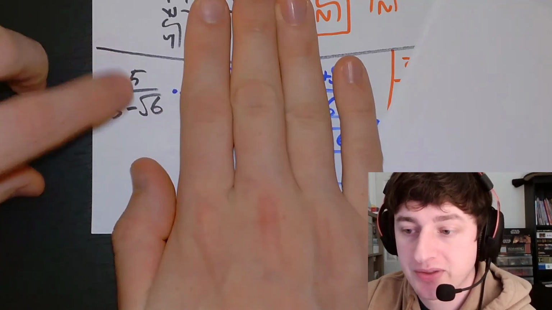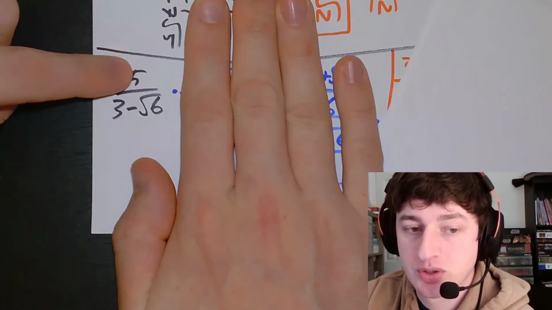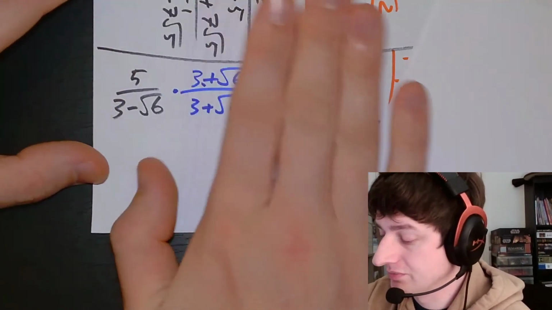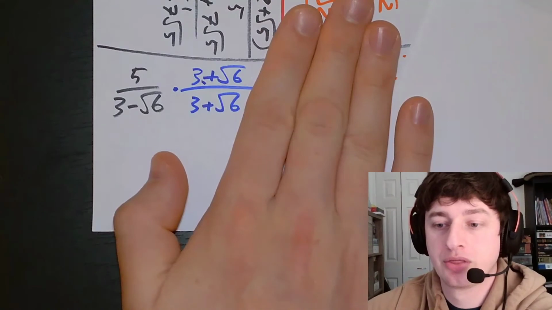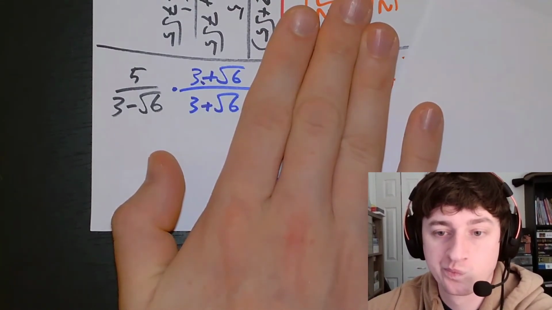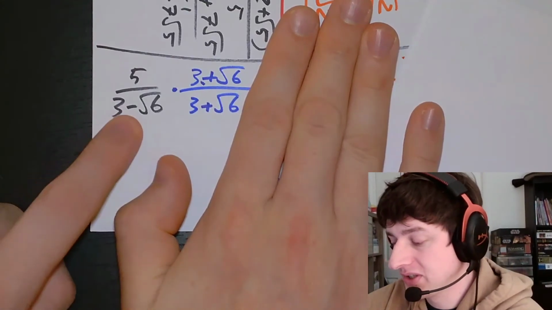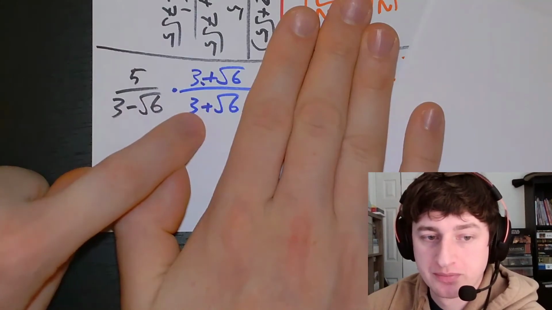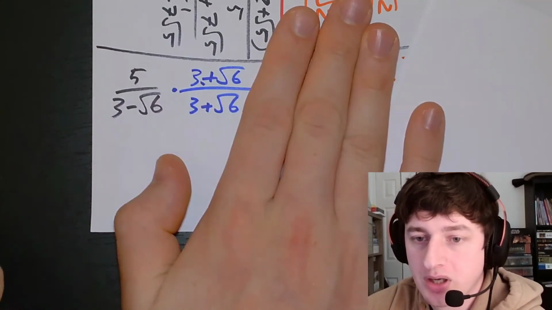So I'm going to multiply this by 3 plus the square root of 6 over 3 plus the square root of 6. So this doesn't change the value of the problem at all. If this was a plus here, then we'd use a minus for our conjugate. We're just picking the opposite sign.